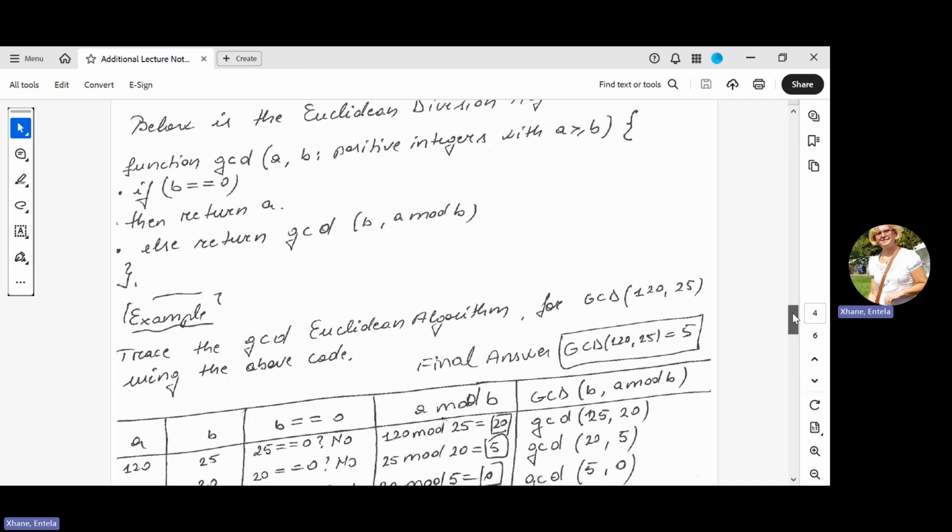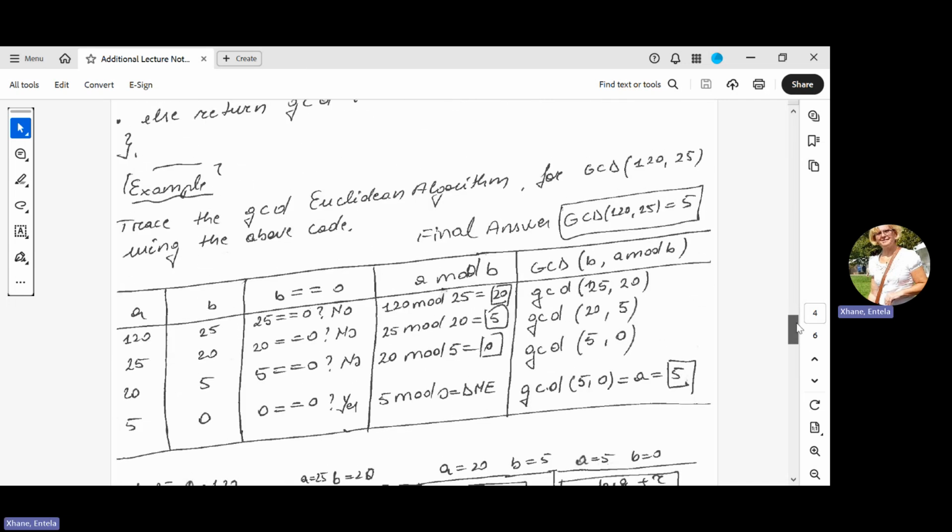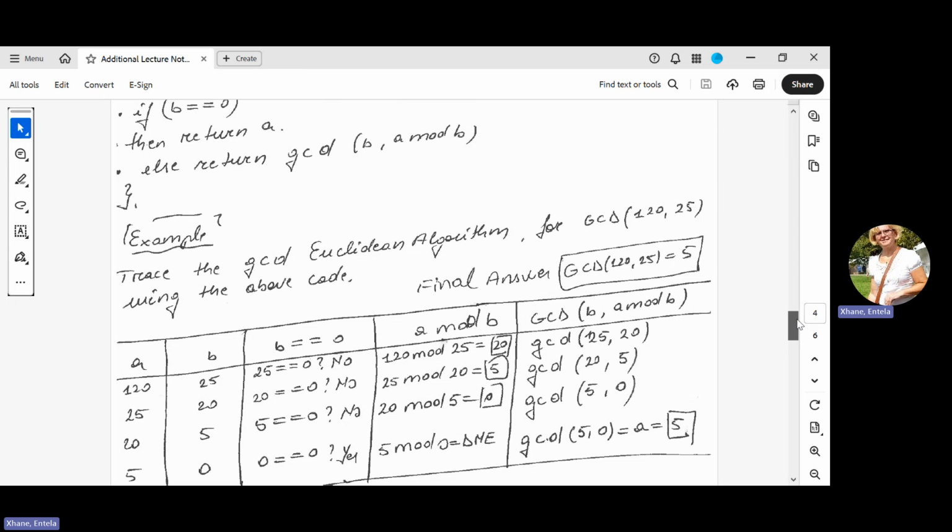So trace the greatest common divisor Euclidean algorithm for the numbers 120 and 25 using the code above. We identify A, the dividend, to be 120, and the divisor B to be 25. The first two columns are the values of A and B. Then we have B compared to 0, because this is where we get the initial condition.